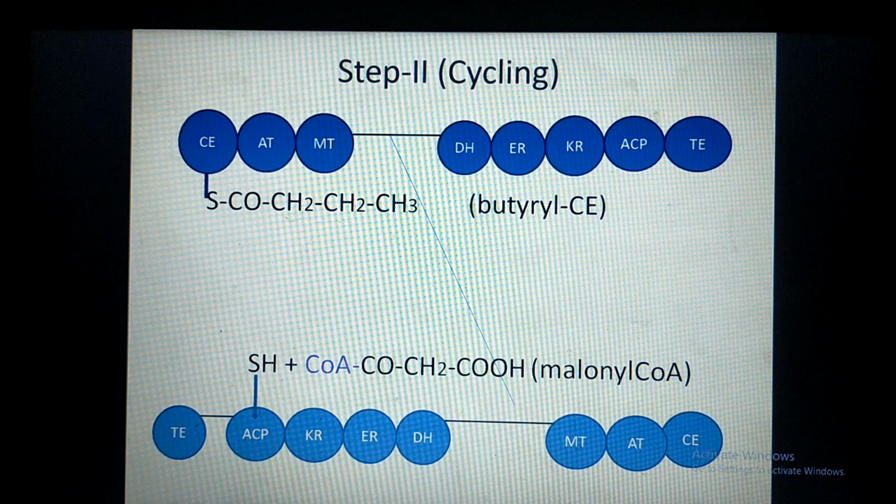First, condensation occurs. Before condensation, again the carboxyl group of malonyl CoA is removed in the form of carbon dioxide.